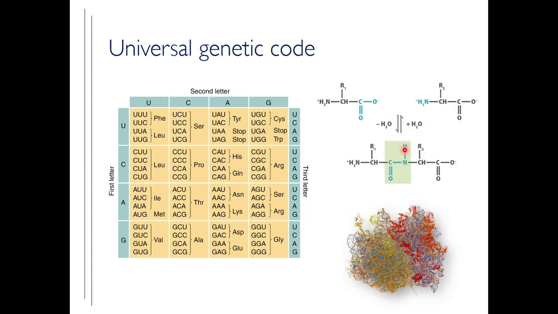They join together to form the peptide bond, and therefore in this case a dipeptide, but this will continue to form a polypeptide. It's done by the ribosome, which you can see down at the bottom right here, and that is done, if you like, by reading the genetic code, which you can see here outlined in this table.